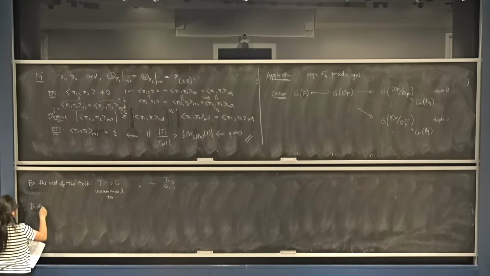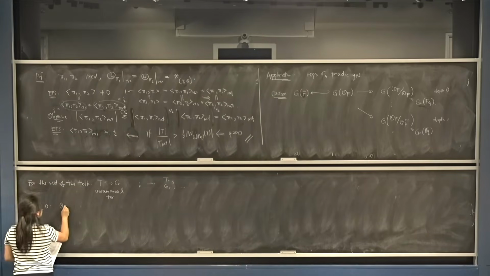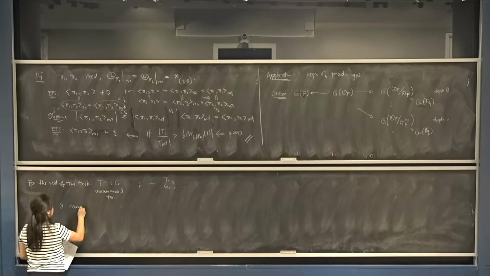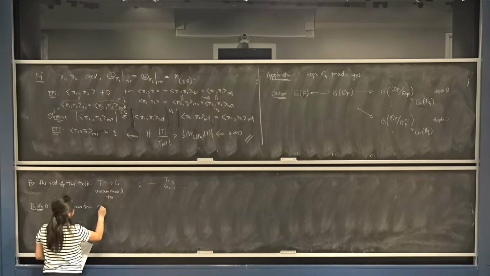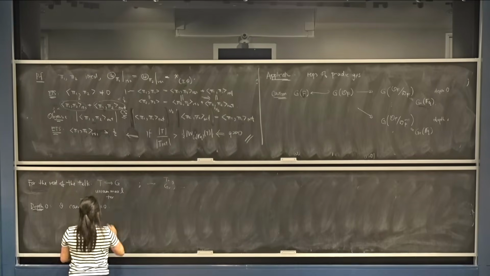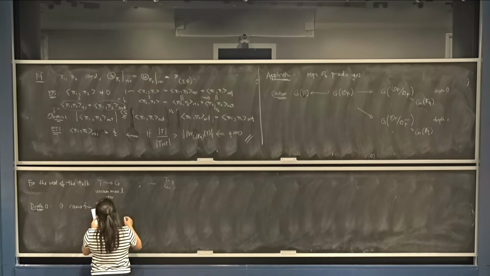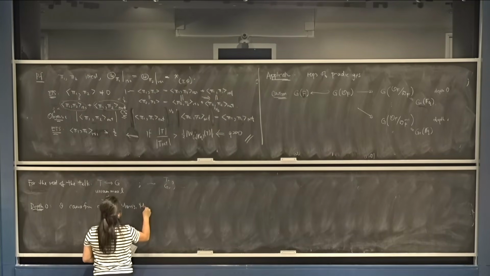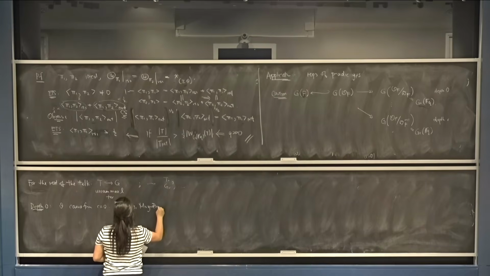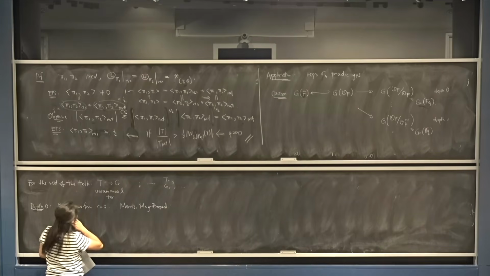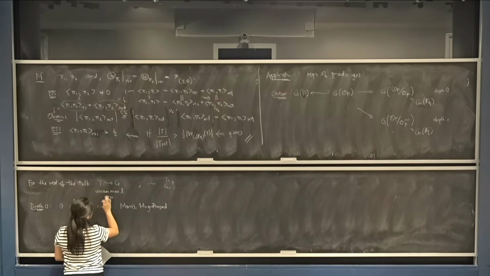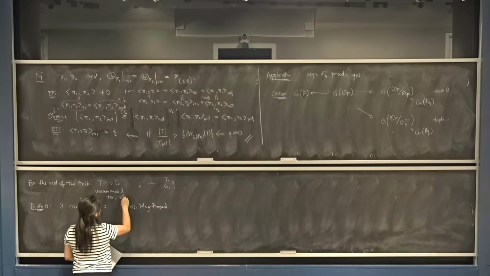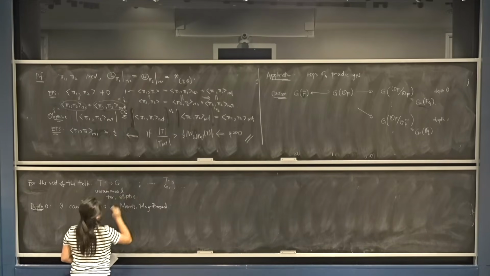So in the depth 0 setting, this means that if theta came from r equals 0, then, by work of Morris and Moy-Prasad, in the interest of time, I'm going to also assume that this torus is elliptic.